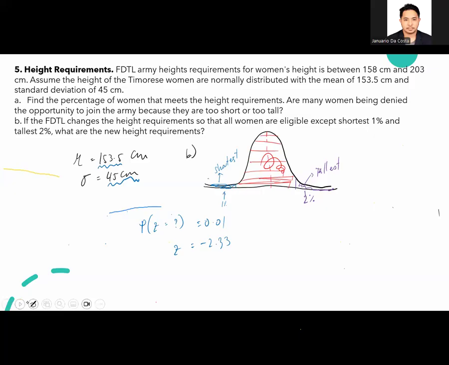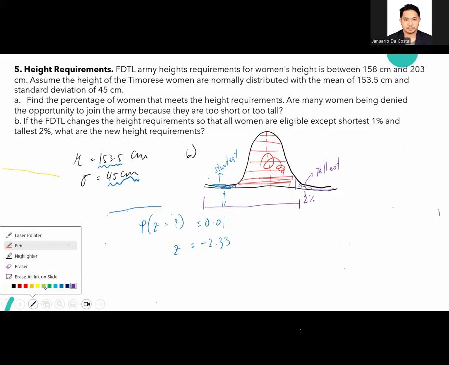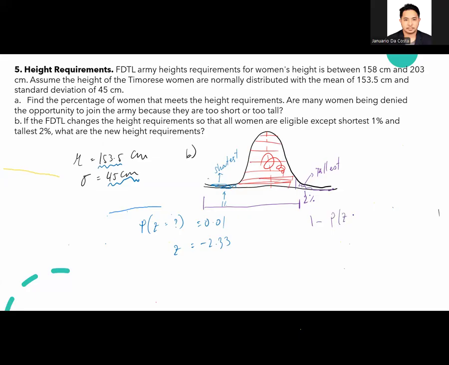For the tallest 2%, we need to find 1 minus the probability of z equal to some value. The area under that curve at the top is 2%, but what is the z value?